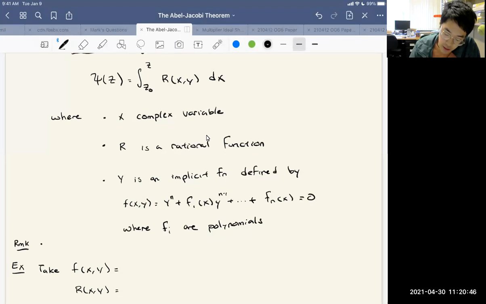So I want to make the following remark, that there's an ambiguity coming from the path of integration.